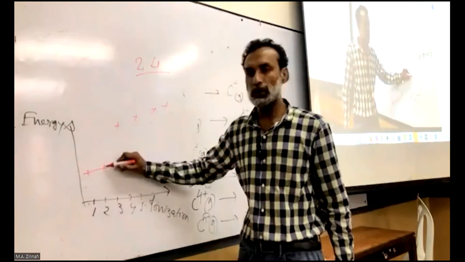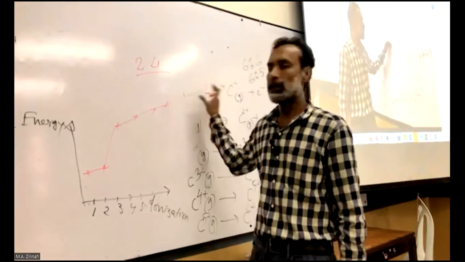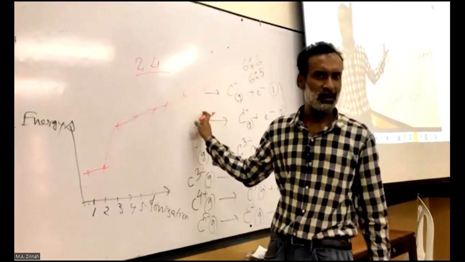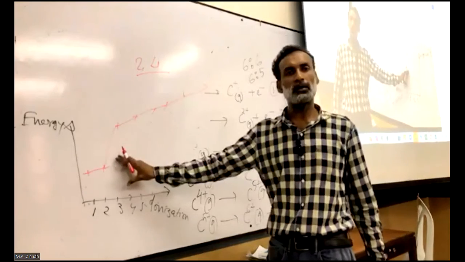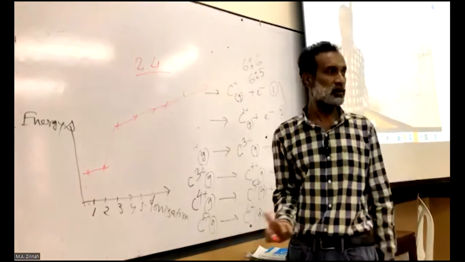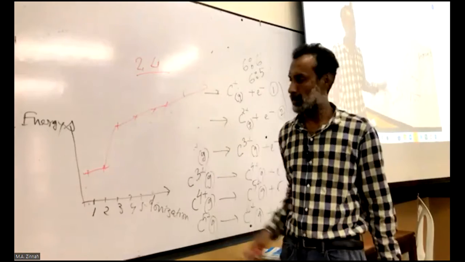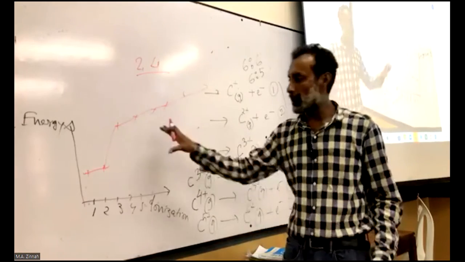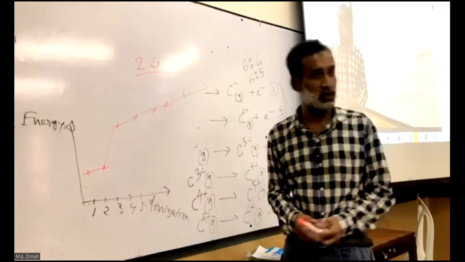Then after removing 2 electrons, the next electron is the third electron from the inner shell, and this goes on. There should be 8 electrons, right? We expect in most atoms there should be 8. Understand everybody? So from the values, we get an idea about the electron configuration, right?